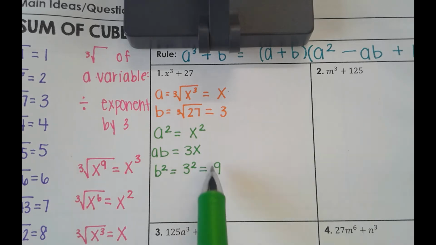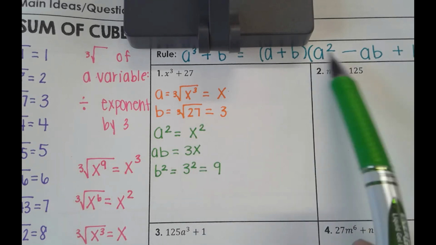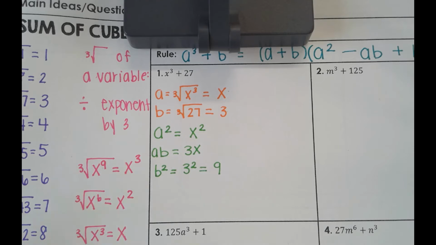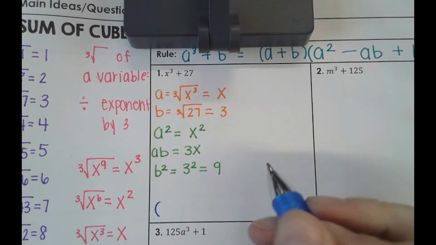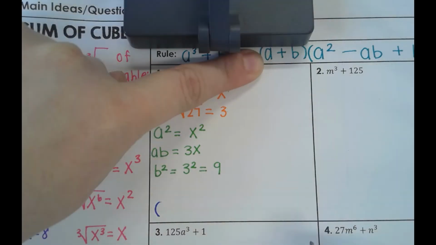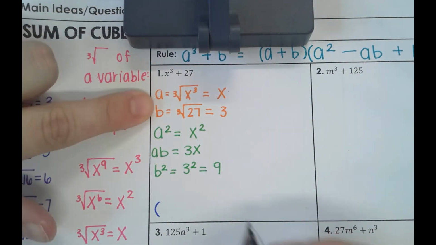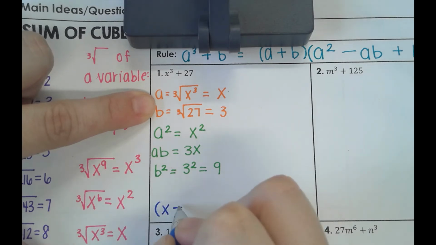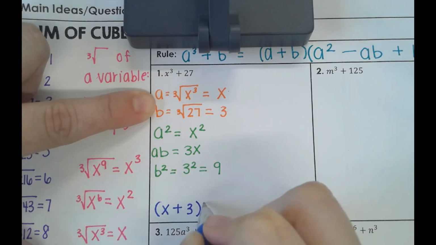Now that we have all of the parts, all we have to do is write them into the formula. If we go to our formula, it says a plus b, so that would be x plus 3.